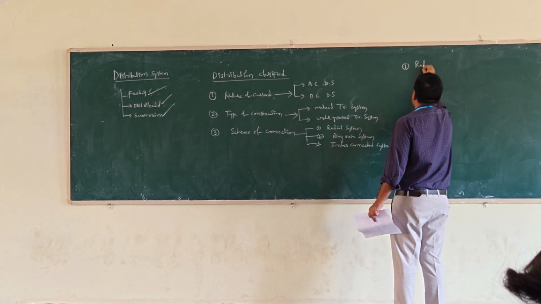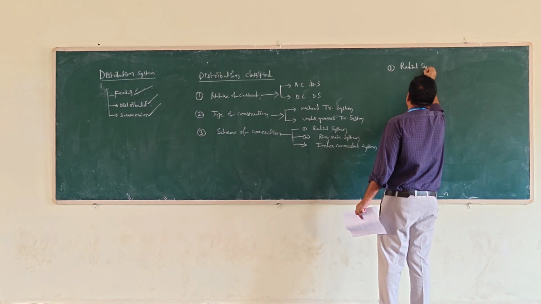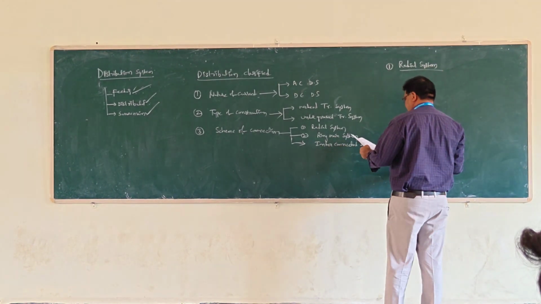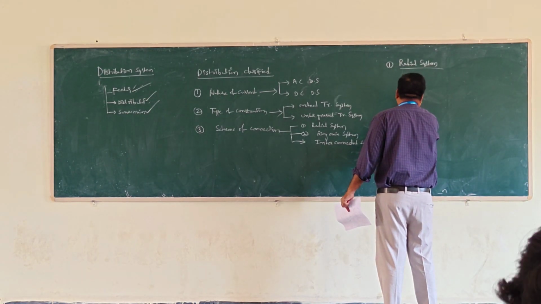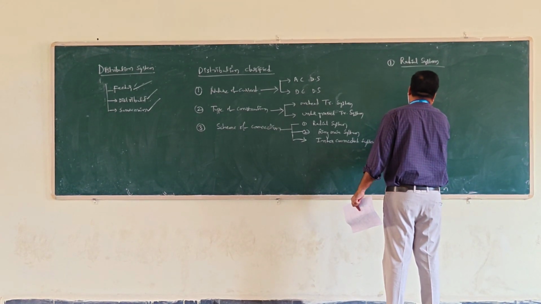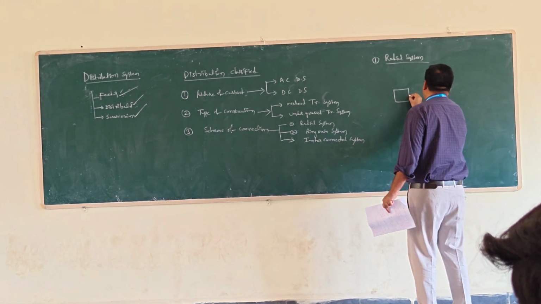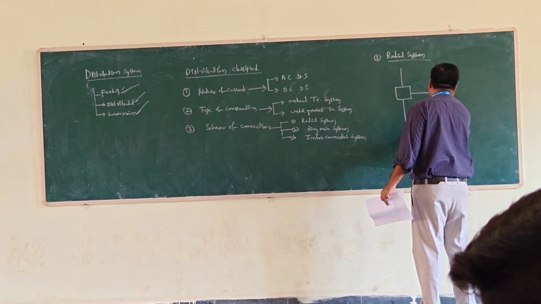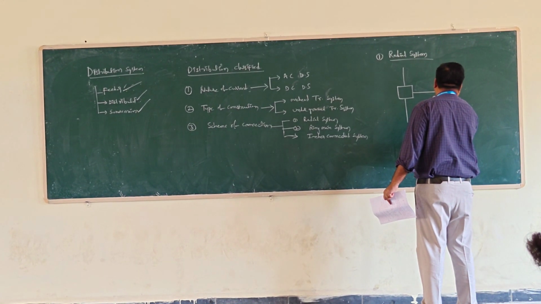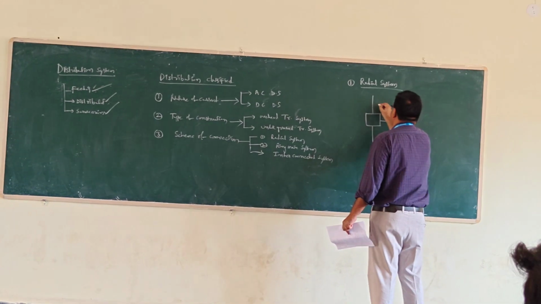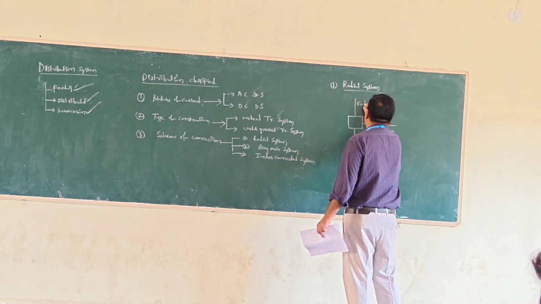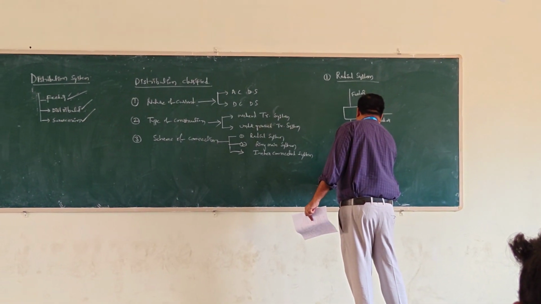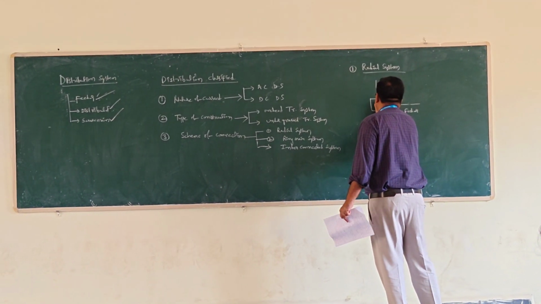Radial system: one substation, different feeders are connected. Feeder. Substation.